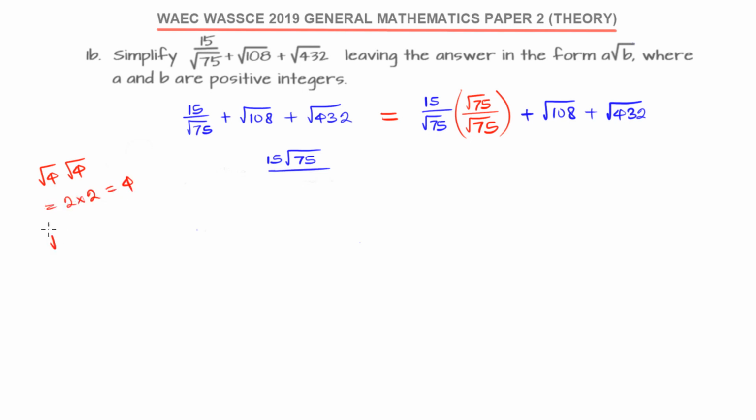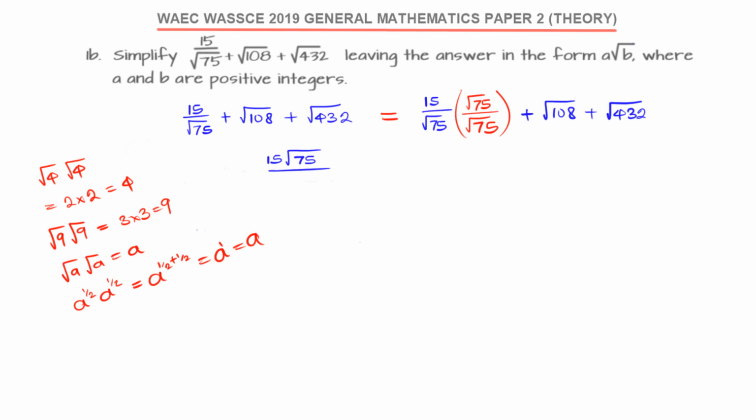If we have root 9 times root 9, that will give us 3 times 3, which is 9. As a rule of thumb, if we have root a multiplied by root a, that will be a, because from indices, that is a raised to power 1/2 times a raised to power 1/2, and we can add the powers. Half plus half is 1. So we have a raised to power 1, which is a.